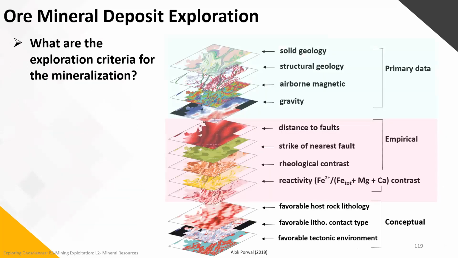So again, if we go back to all the lessons we've seen so far, everything we pick up on the field, either from the geology surveys, the cartography, the structural information from the field, the airborne surveys, the gravity surveys.